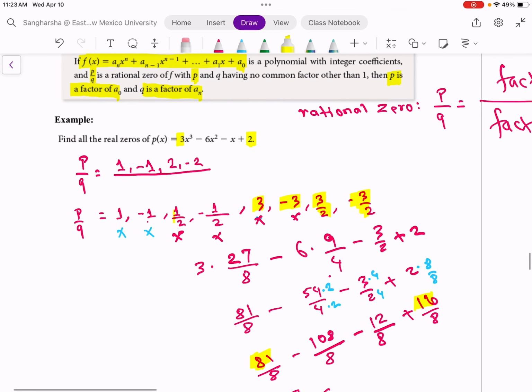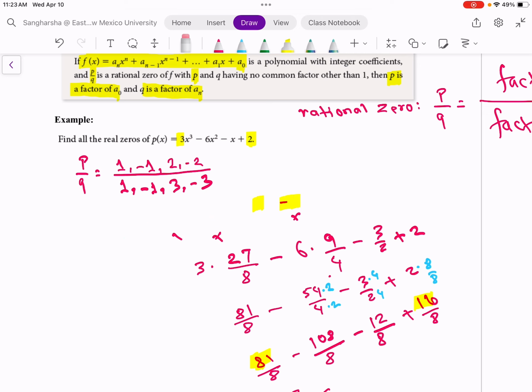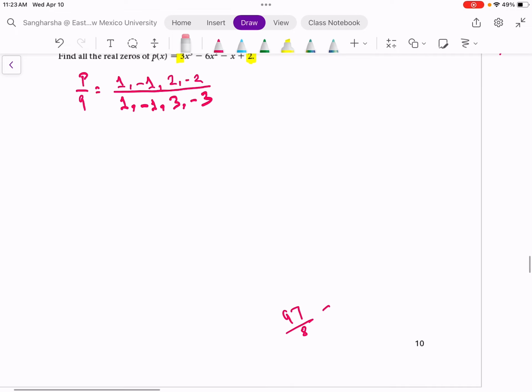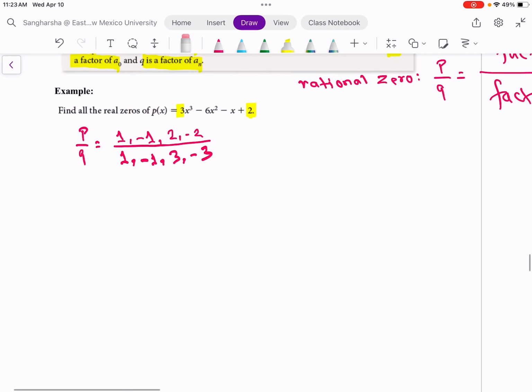And these factors are positive 1, negative 1, positive 3, negative 3. Okay, now let's find our P over Q one more time. So P is the factor of the constant and Q is the factor of the coefficient of the leading term.